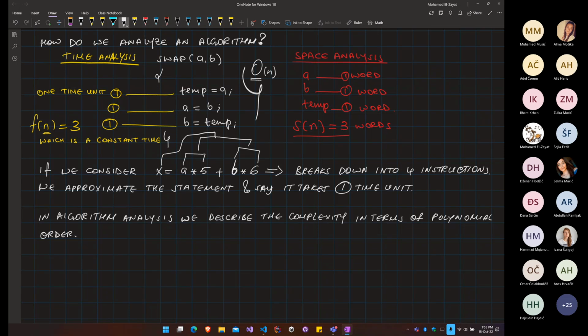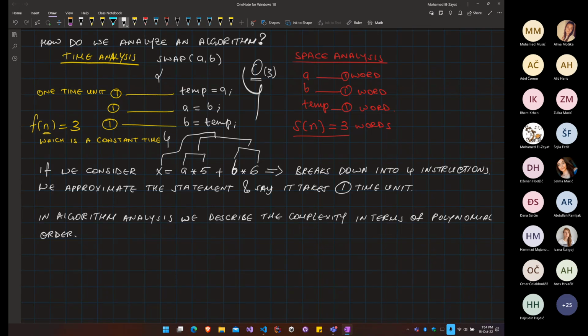Oh, sorry, this is O of 3, not n. Apologies. Okay. Everybody will literally say big O, and it is not big O. We're going to study what big O, big theta, and big omega are. This is not big O. This is called the polynomial order.